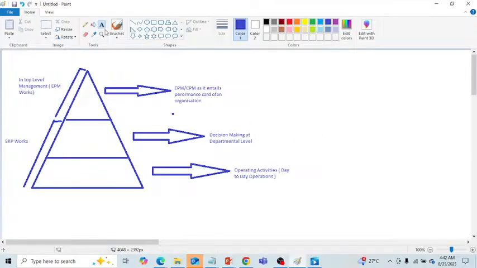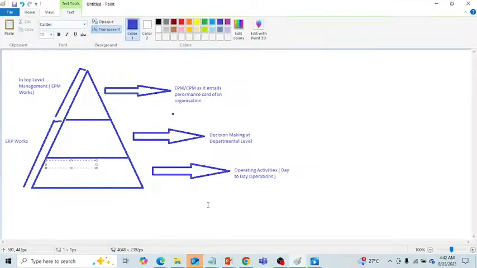So what it includes, I have not mentioned, so let me mention it here on the lower level management. ERP takes care of ERP financials, GL, that is general ledger, accounts payable, accounts receivable, and fixed asset management.